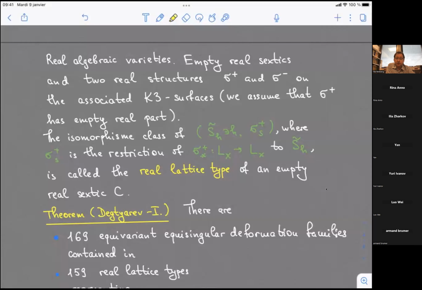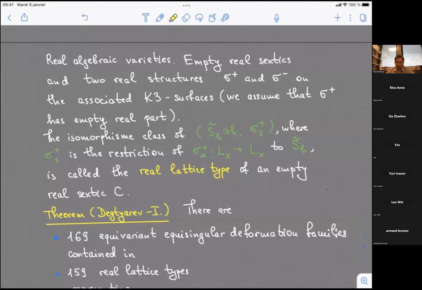In fact, you get even two real structures. You can lift the involution of complex conjugation of CP2 to the double covering, to the minimal resolution of the double covering. And you can lift this involution of complex conjugation in two different ways. They differ by the deck translation of the covering.